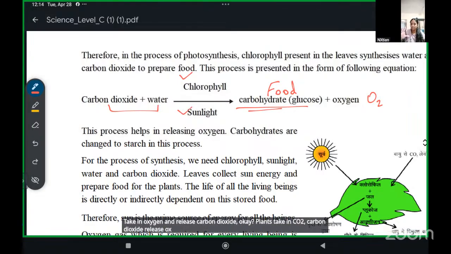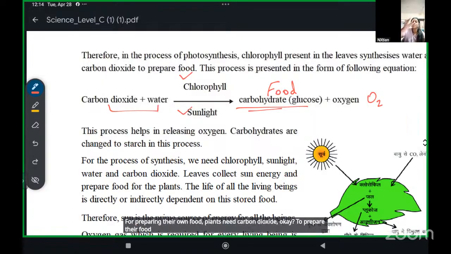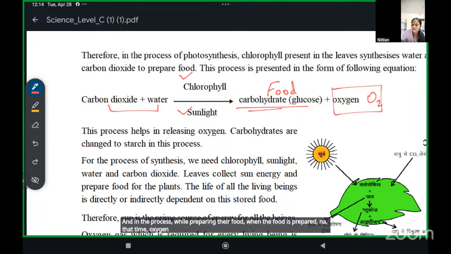How does this happen? Because for preparing their own food, plants need carbon dioxide, so they take in carbon dioxide. And in the process, when the food is prepared, that time oxygen is released by the plants.